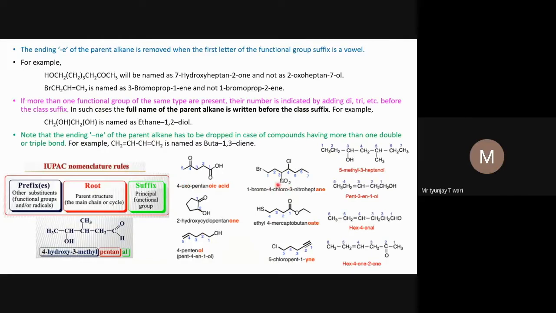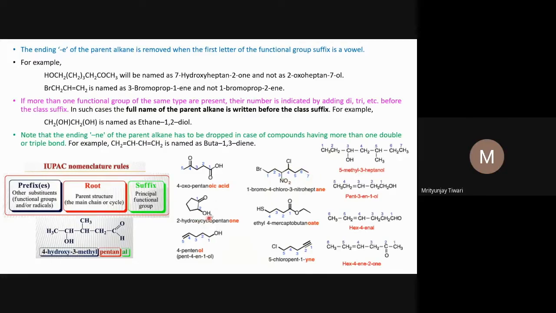Anyway, the bromo, B, comes first in alphabetical order, then chloro, and then nitro. So we write 1 bromo, 4 chloro, 3 nitro, 7 carbon atoms, heptane, because this is a saturated hydrocarbon. There is no double bond, so it is heptane. So 1 bromo, 4 chloro, 3 nitroheptane.